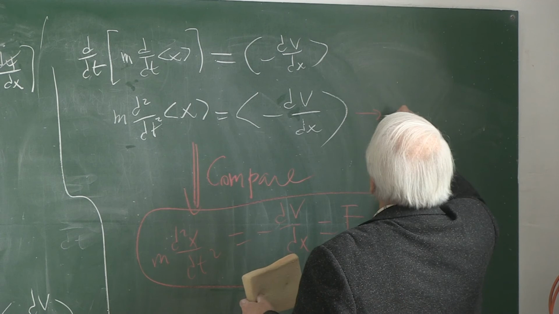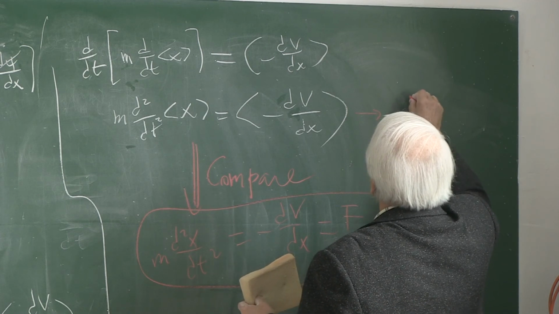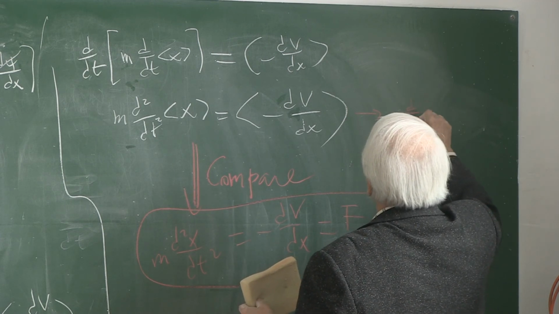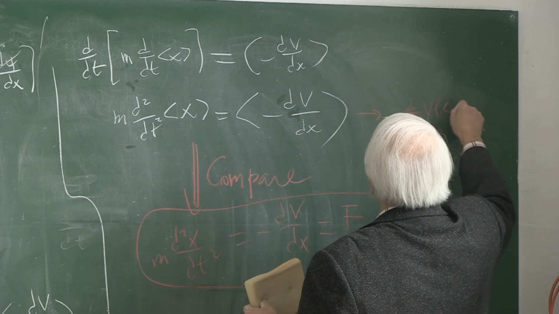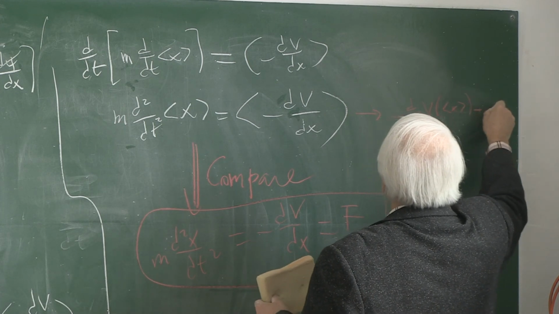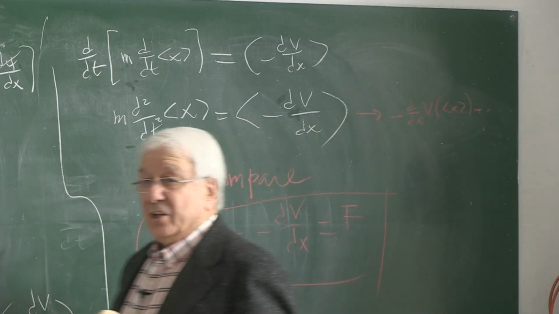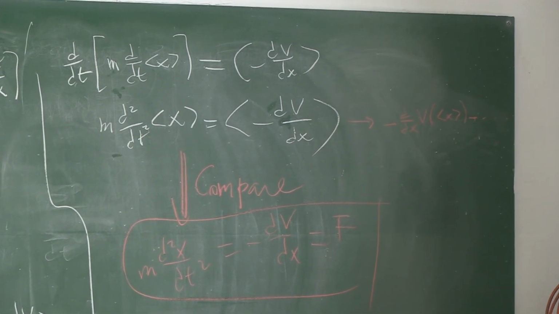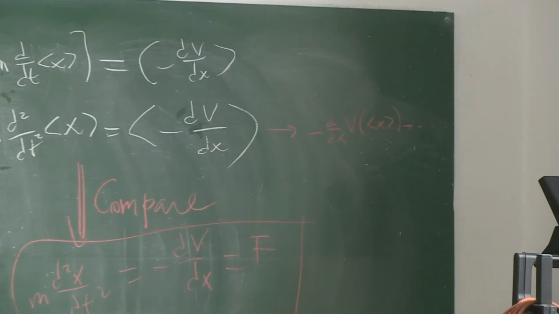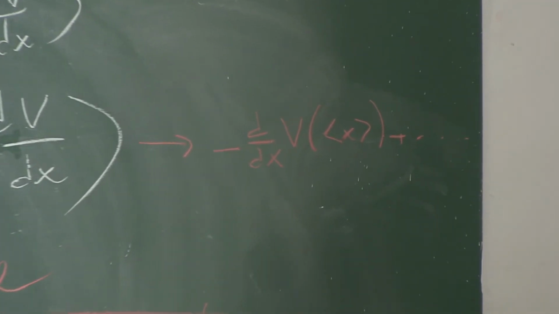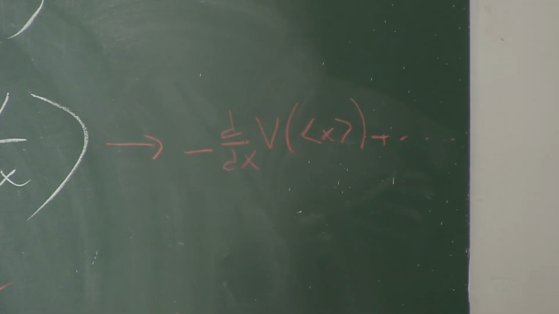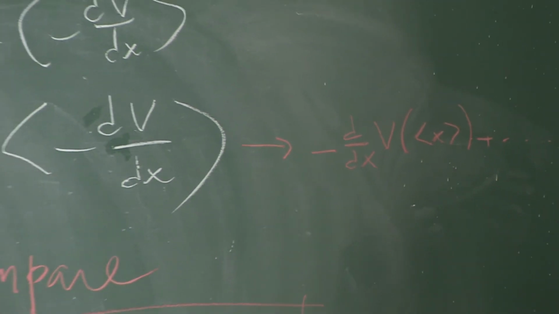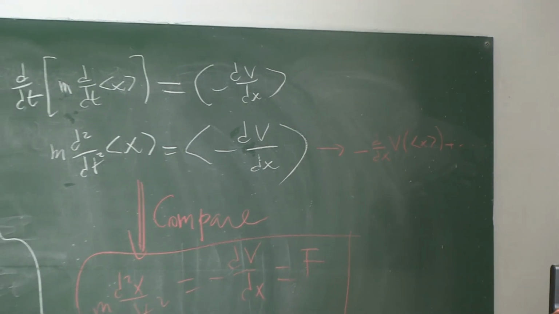As minus d by dx of V of x. That would be more like a classical expression, right? In order to really establish the contact with the Newton's equation. You see how powerful the pictures are in relating the quantum to classical.